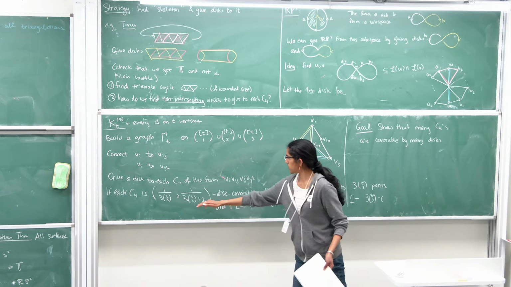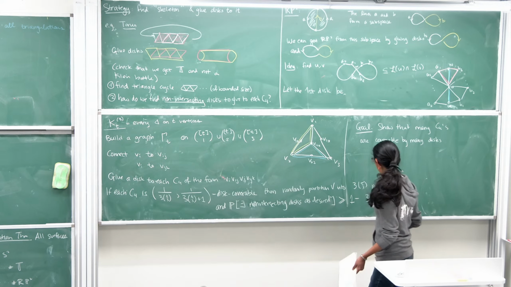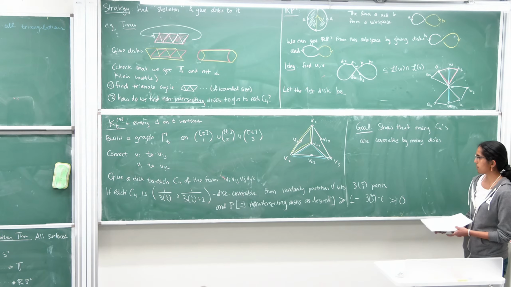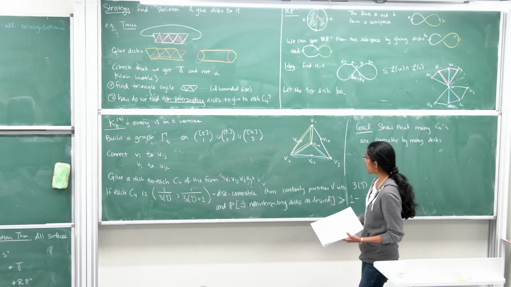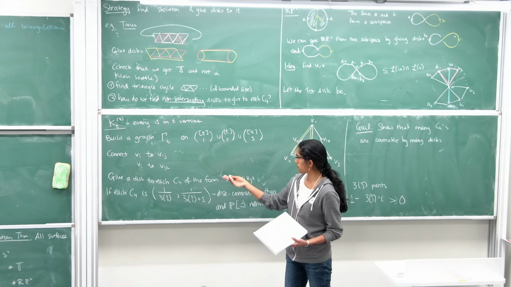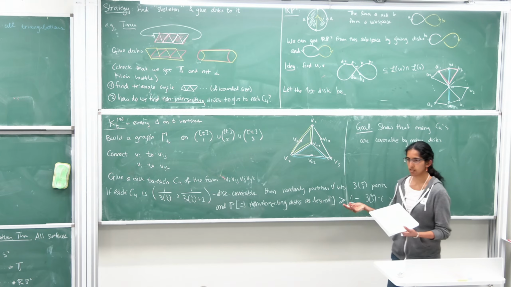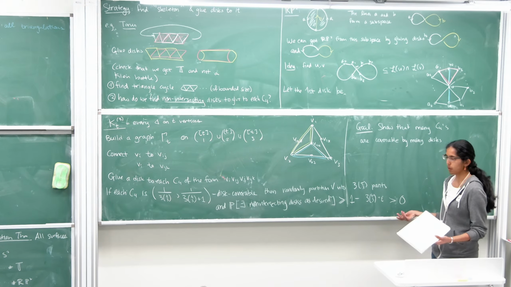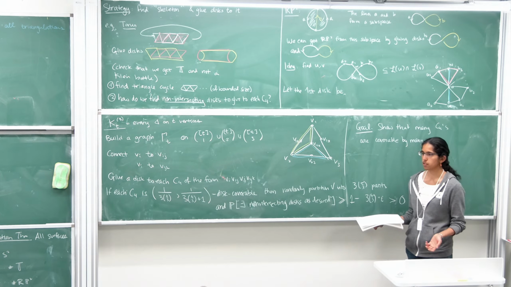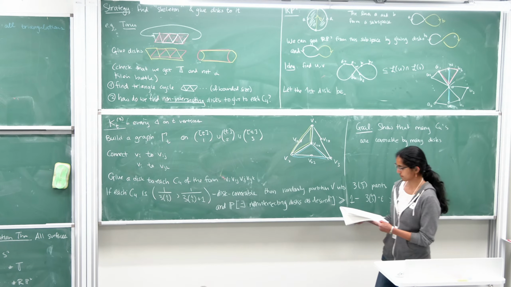And I picked epsilon so that this thing is greater than 0. So if we can find an embedding of gamma_t where each C4 has the disk coverability property, then we're done. So the question becomes, how do we find disk coverable C4s?